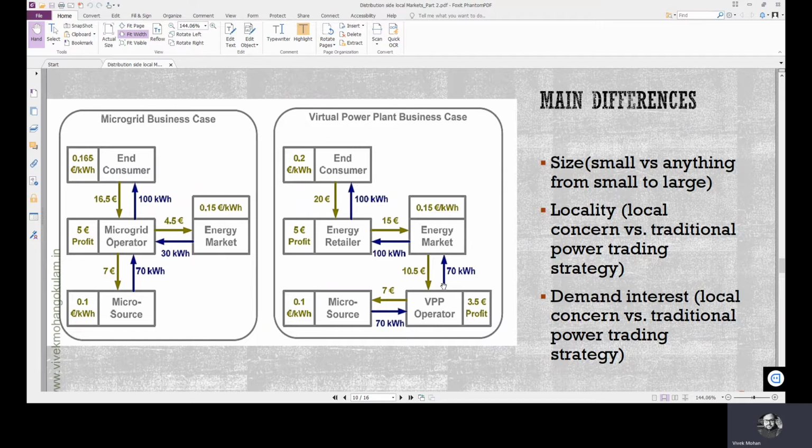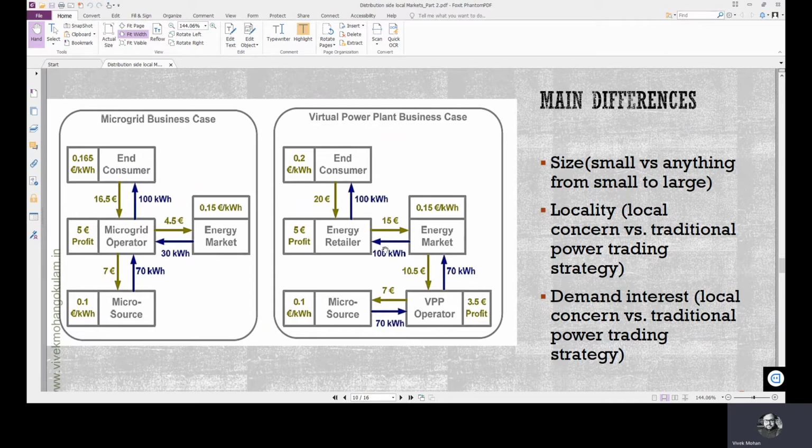He sells it to the energy market at the market price of 0.15 euros per kilowatt hour. So at this price 70 kilowatt hours is bought and he gets 10.5 euros.